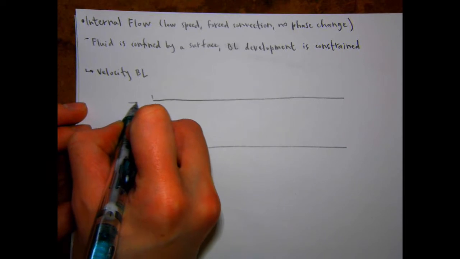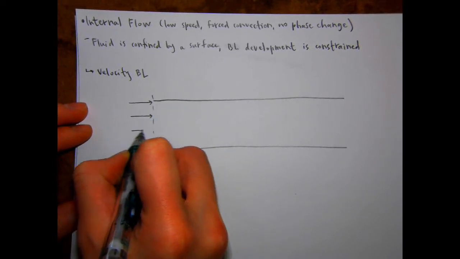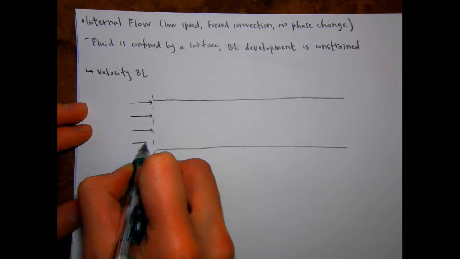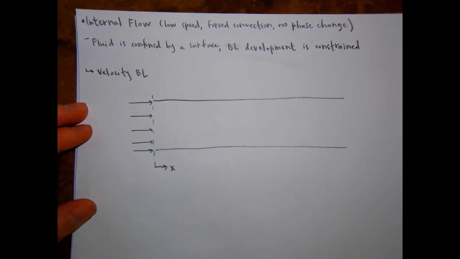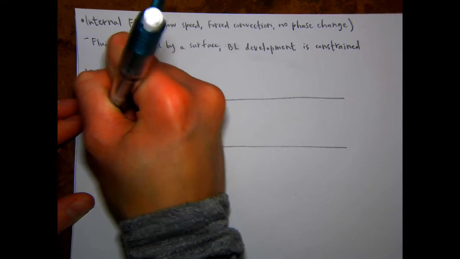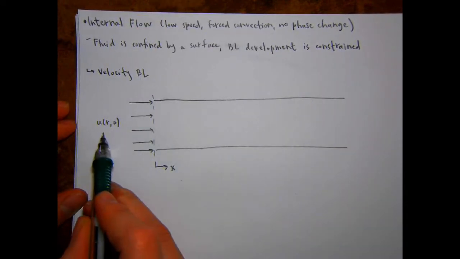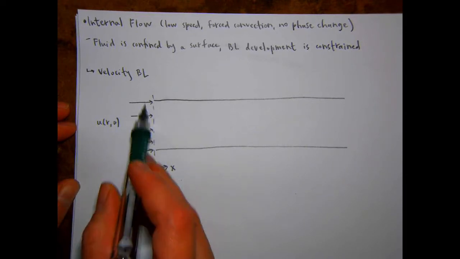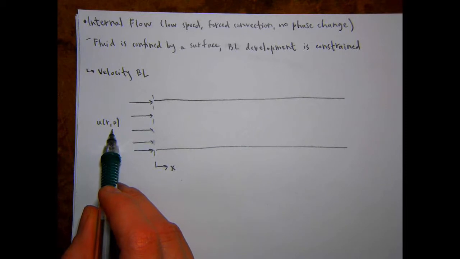And we're going to have some uniform flow with a uniform velocity entering upstream. And so this fluid is U of R comma 0, and it's constant across the whole radius at the inlet, and it's at the x equals 0 location.